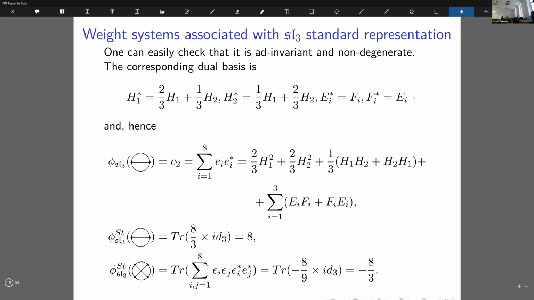And in order to compute the coefficients of this polynomial, we may use representations of our Lie algebra. If you compute the value of this presumable universal element in some representation of the Lie algebra, then we obtain a linear relation between the coefficients of the polynomial.